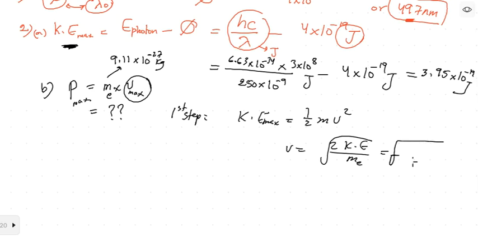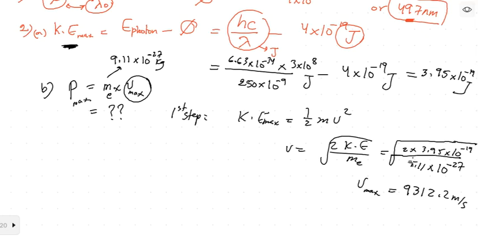If we substitute, 2 times 3.95 times 10 to the power minus 19, divided by 9.11 times 10 to the power minus 27. So the maximum speed will be, after using the calculator, 9312.2 meter per second. So this is the speed of the electron.